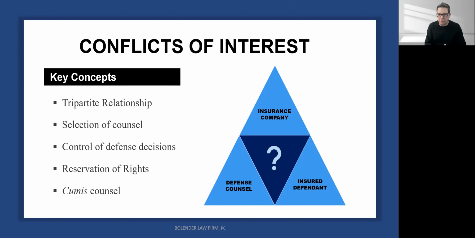Now, the tripartite relationship functions effectively in the absolute vast majority of lawsuits, undoubtedly. But joint representation occasionally gives rise to a conflict of interest on the part of the insurance company with respect to its preferred counsel. So let's take a brief look at the history of this area of law before we summarize the current state of the law.